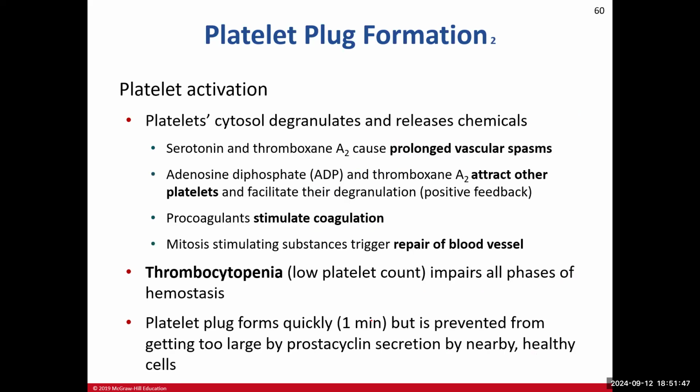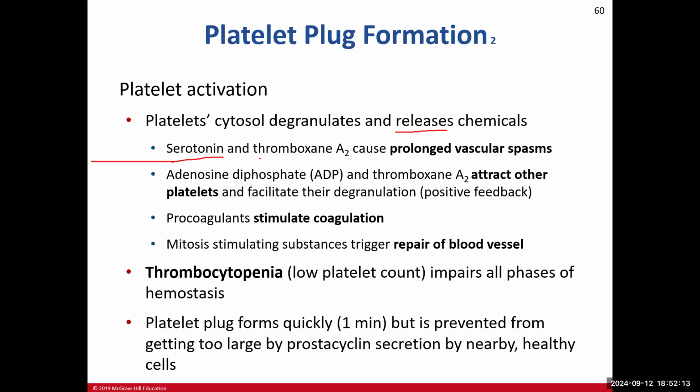All right, so now the platelets are on hand. They're right there. So let's turn them on. Here's what happens. The platelet itself is going to start to release these chemicals. A couple things you want to know. We're all familiar with serotonin, a neurotransmitter, but it does more than just neurotransmission. It also helps with depression, that sort of thing. So there's a lot of functions for serotonin.